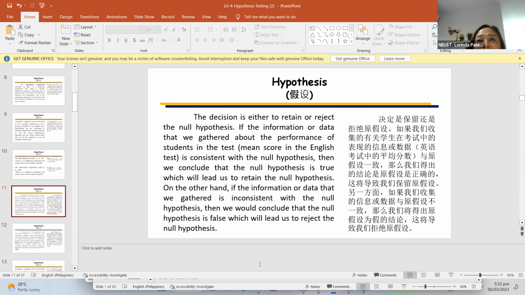That is the null hypothesis. Now we perform a statistical test for us to be able to decide whether to retain the null hypothesis that there is no correlation between the two performances in two different tests in English and in mathematics, or there is a relationship. So we will use a statistical test and we will decide based on one value whether to reject or retain the null hypothesis.